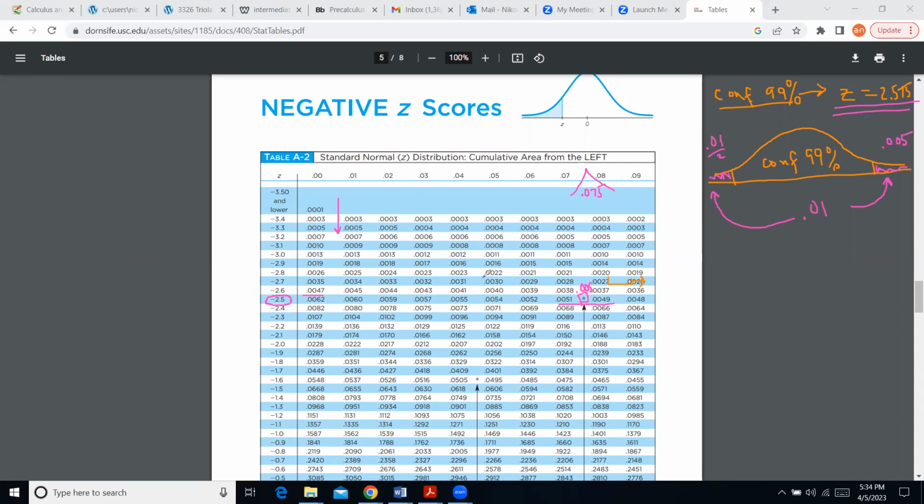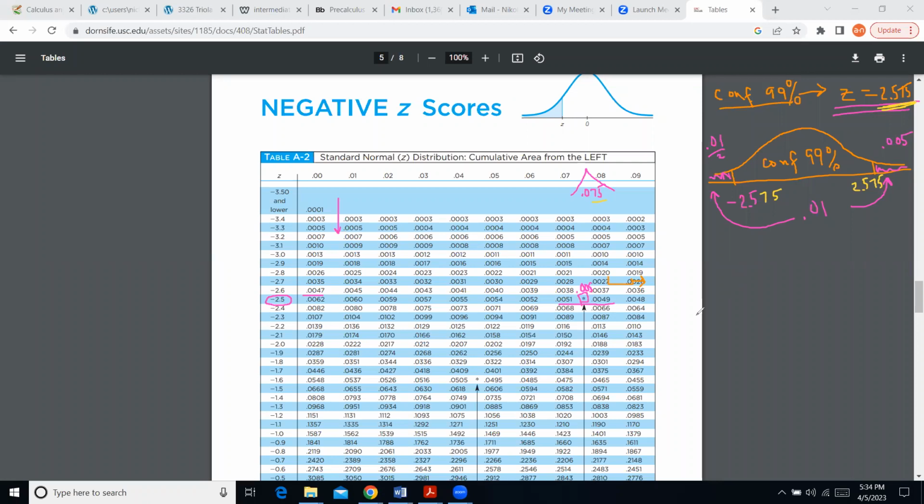That's actually what happens when you put these numbers together. So you get negative 2.5, and then the place of hundredths will actually be giving us a little bit more. It'll be 75, and that's exactly what we have here. So we got a positive 2.575 and a negative 2.575.